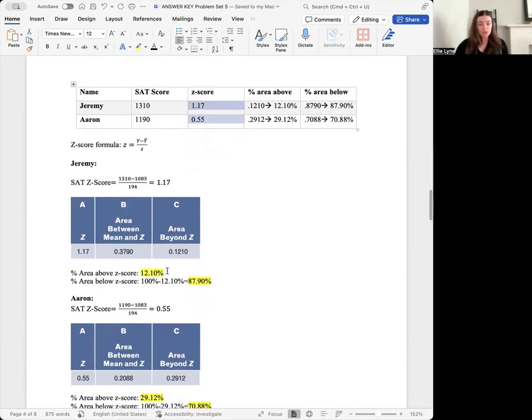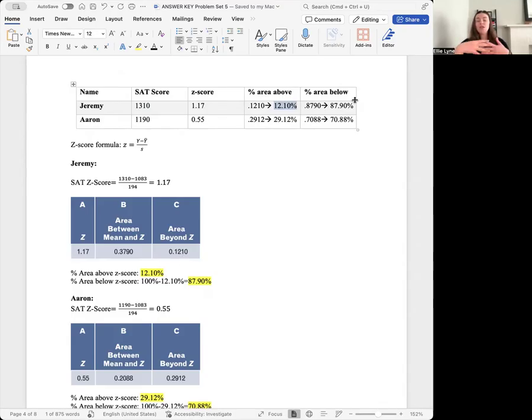So in other words, the percentage of test takers that scored better than a 1310 or higher than Jeremy is 12.1% of test takers. So I simply converted this proportion area from our standard normal table and converted that into a percentage.